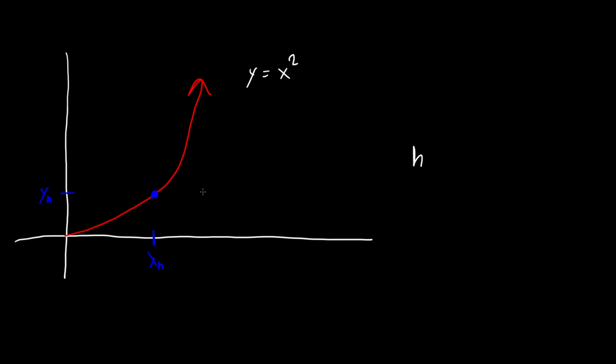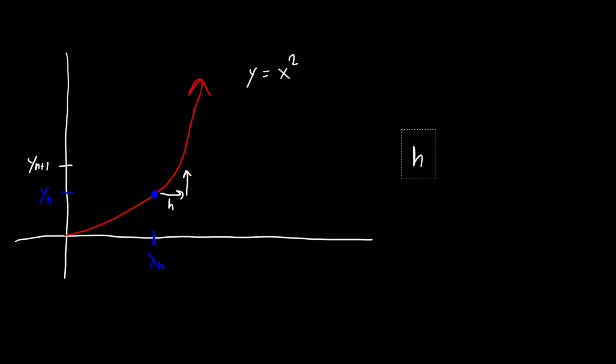So I'm going to demonstrate what that looks like here. We start at a specific x value, and then we move ahead one step, which is h. And then we're going to move up a little bit as well. Let's say right here. The new y value is going to be called y sub n plus 1, similar to the equation.